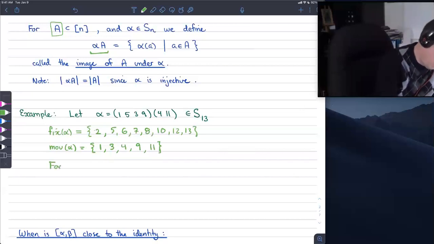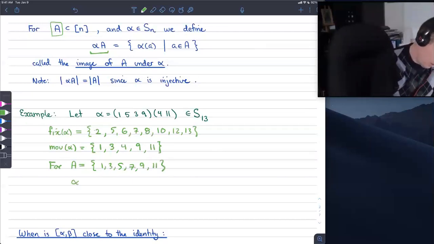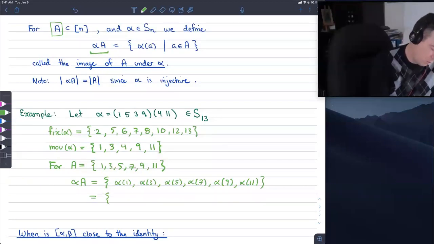That last definition is for a given set. So let's let the set be 1, 3, 5, 7, 9, 11, for example. This notation alpha A just means take your permutation and apply it to each number in the set A. Alpha is a permutation, which means it's a function, so we're just going to apply it to each of these and write down the corresponding number.